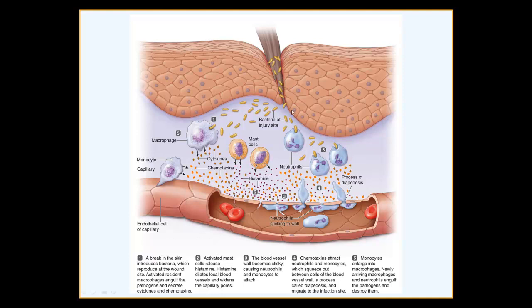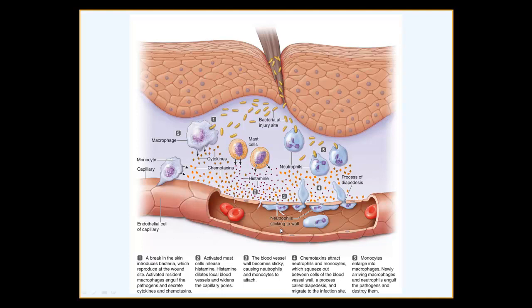So here we have a splinter that brought in some bacteria, and the bacteria will go to the site of injury and they will become phagocytosed by the macrophages here. The macrophages will start to release cytokines, and those cytokines are going to interact with the endothelial lining of the blood vessels or the capillaries.